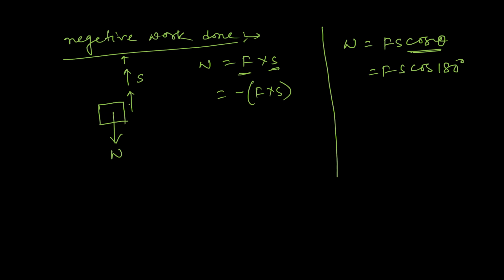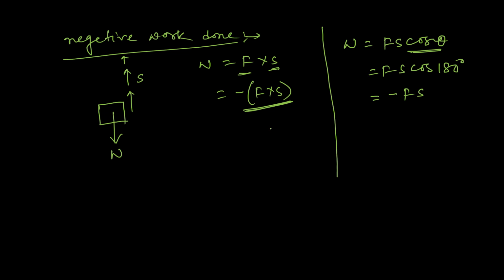As you can see, the angle between the force and the displacement is 180 degrees. So I have written minus of Fs. That's why I have just written minus of Fs here. That is the negative work done by the object. Okay, now three kinds of work done we have just studied: positive, negative and zero work done.